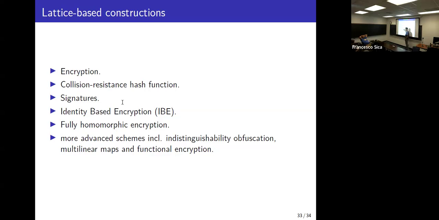For example, homomorphic encryption, which is the topic of one of our reading series for the crypto group. It usually happens every other Thursday, other than the crypto Café. And there are more advanced schemes, which I'm not an expert on, but there are obfuscation and multilinear maps and some functional encryption that you can do using lattices.